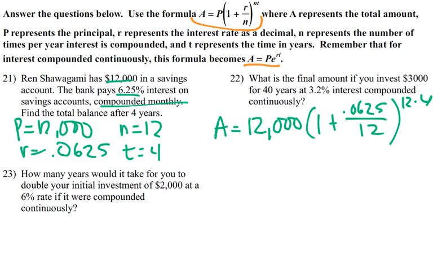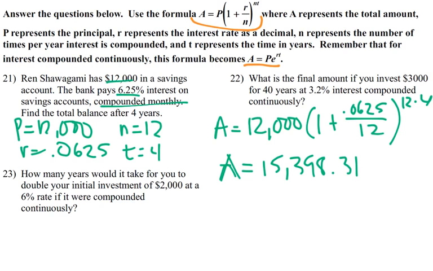And I just type in 12,000 parentheses times 1 plus my fraction 0.0625 divided by 12. All of that is taken to the 12 times 4, which is 48. Or I can just write 12 times 4. Okay, and we get 15,398.31.